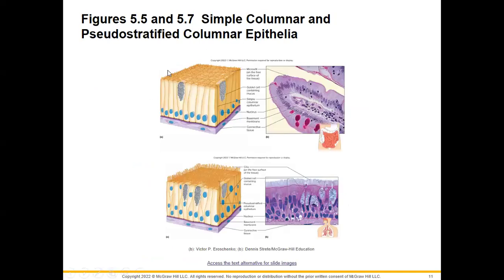So at this top image, you notice how, again, you have your free surface here. So this is going to be the part of the cell that is going to be in some lumen, some space where something is happening. So in the respiratory system, this is going to be where air passes through. And you see the little fuzziness at the top of it, that's going to be your cilia or microvilli, those finger-like projections on that free surface.